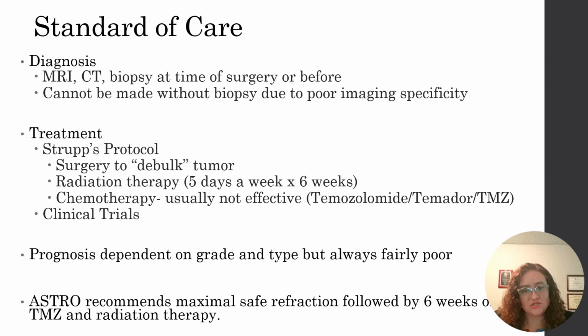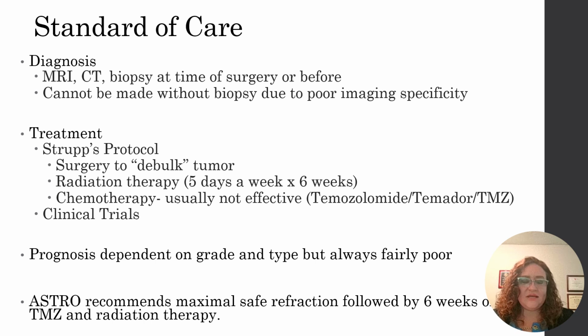The treatment is the Stupp protocol. This is based on surgical debulking of the tumor. And because it's not a solid tumor, you can't really get the whole thing. And because of the way it extends with those microtubes, it's really impossible to get the entire thing.